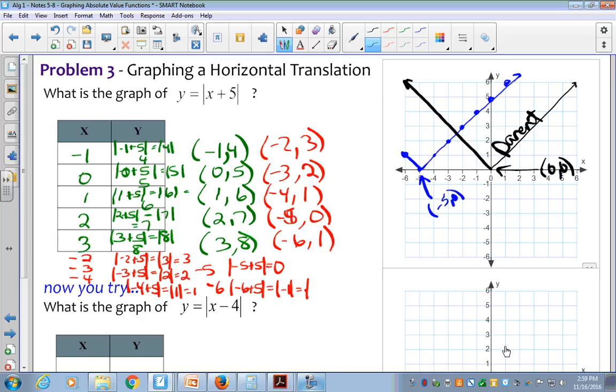So when we're taking a look at the graph of y equals absolute value of x plus 5 and y equals absolute value of x, the corner here is at -5, comma 0, and the corner here is at 0, 0.